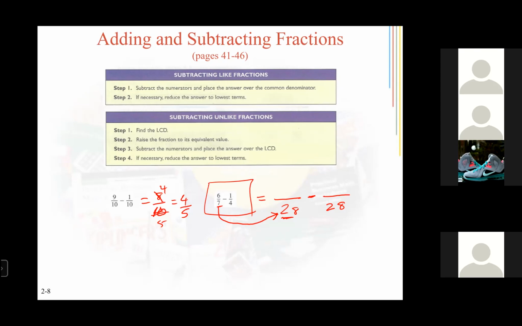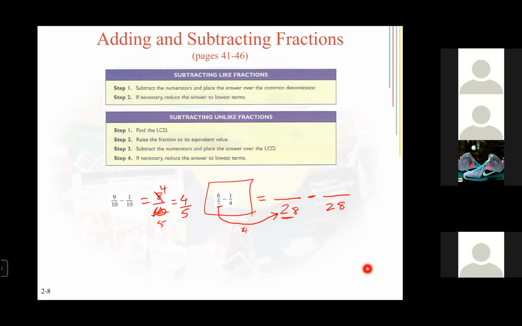Go one step more. 7 times what gives you 28? Sorry, you said 7 into 28 was 3, but 7 times 3 is 21, so it's not 3. What are you going to multiply 7 by to get 28? 7 times 4 is 28. 4, right. So you multiply by 4.